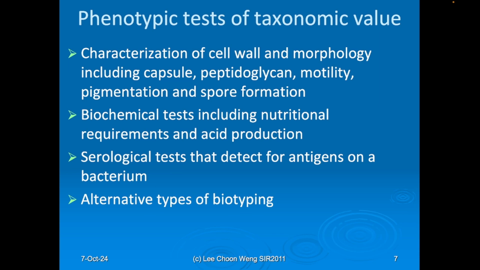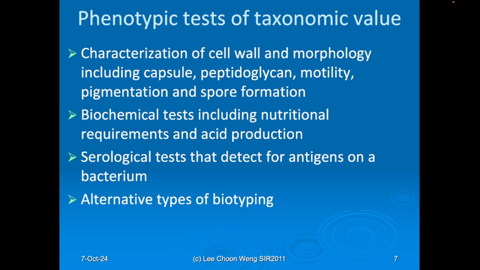The shape of the colony depends on the media and the growth conditions. Okay, so make sure it's the standard one that you're using so that you can compare. Remember that. This depends on the type of media and also the incubation conditions.